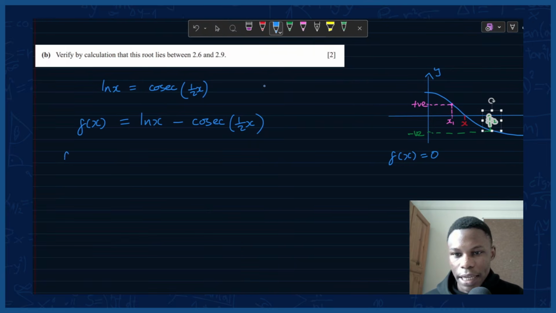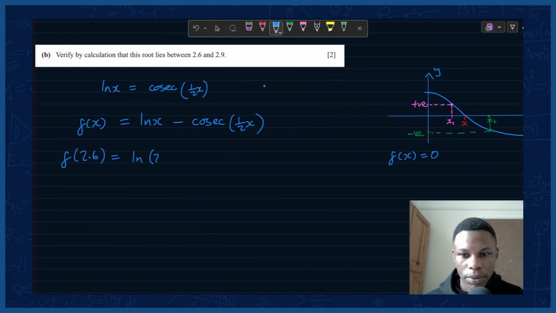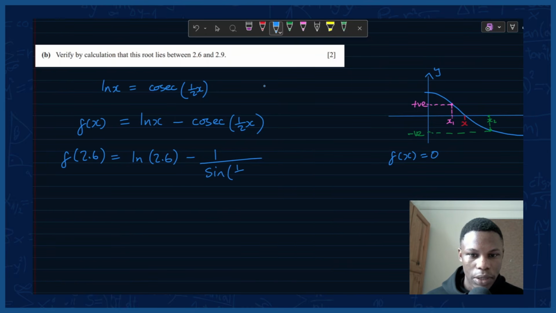So let's evaluate f of 2.6. That's going to be ln 2.6 minus cosec. In some calculators you can input cosec, but if you can't, use 1 over sine. So this is 1 over sine of a half times 2.6. Make sure you're in radians. So this is ln 2.6 minus 1 over sine of 1 over 2 times 2.6.